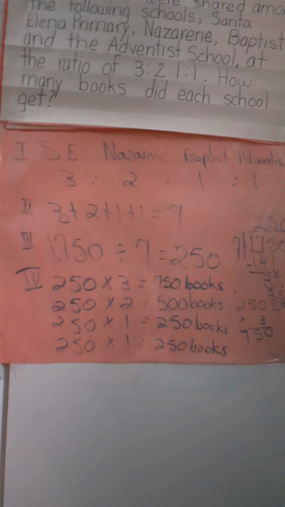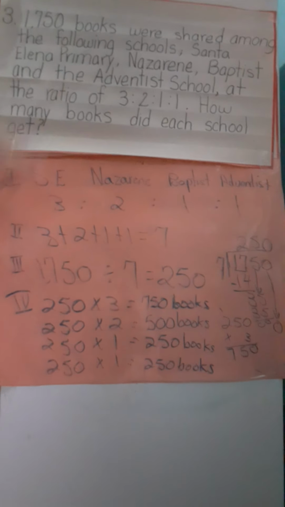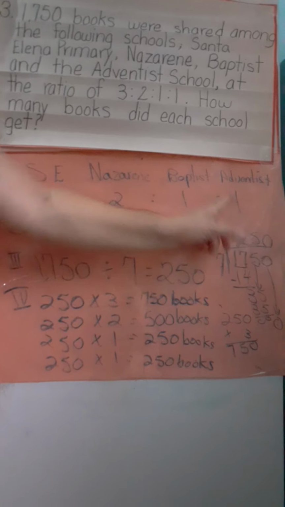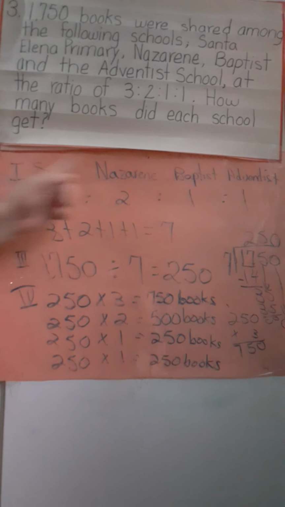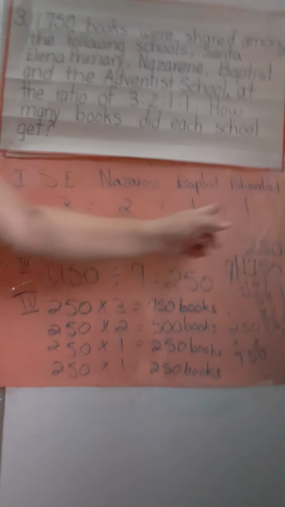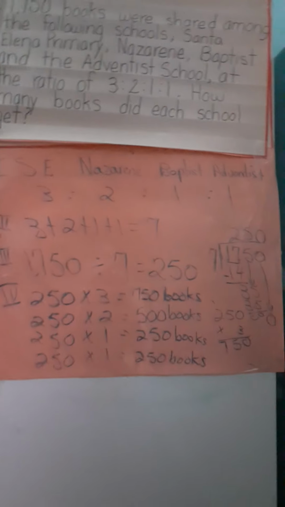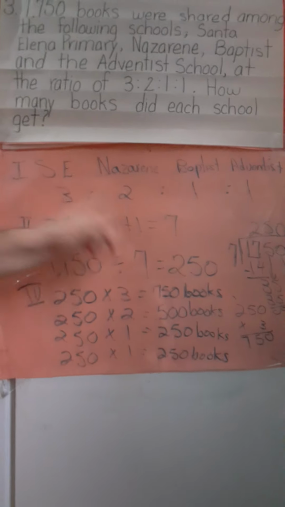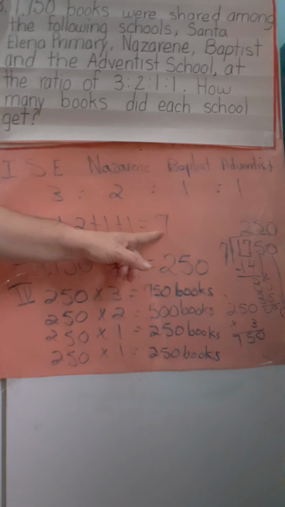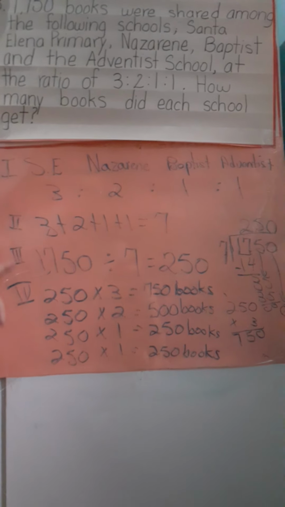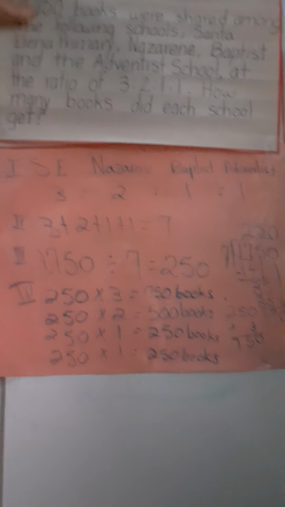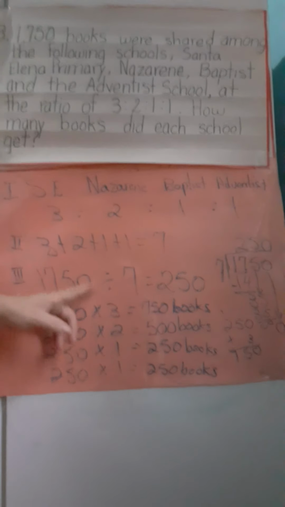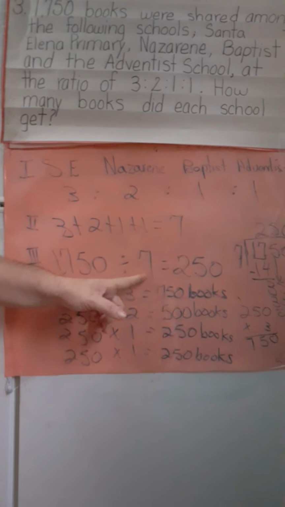So let's review. First, you set up your ratio. That's the first step. Label each one and then you write each number. Second step, add the numbers in your ratio. That should give you a sum. Third step, divide the total amount by the sum of the ratio.